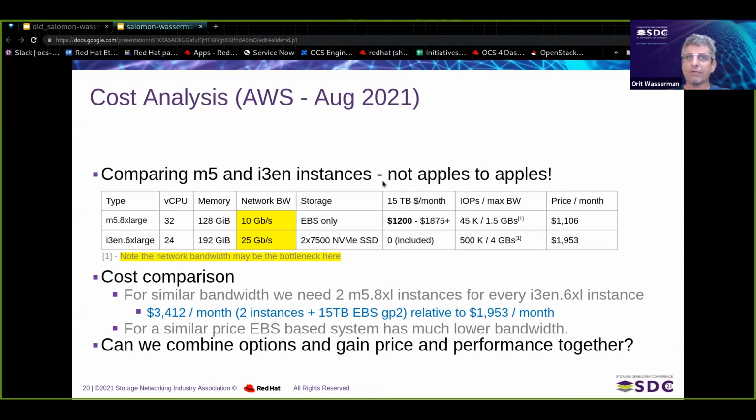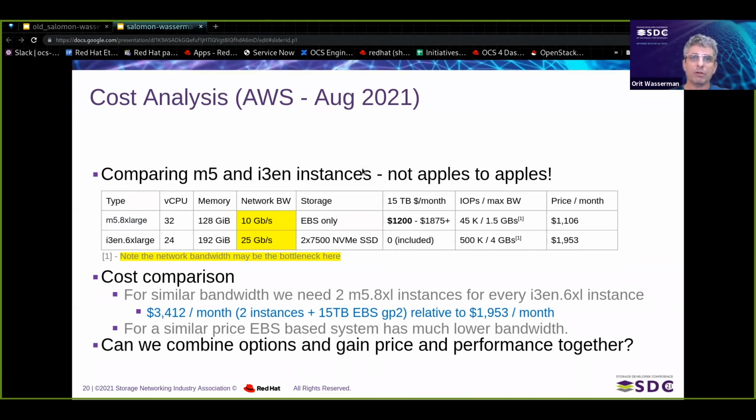This is not fully accurate since this leaves a lot of extra CPU on the M5 instances, which can be used by workloads that do not require network, not a lot of access to EBS. But if we look just at the storage perspective, we see that the cost of M5 instances plus EBS is almost twice the cost for local storage with the same capacity. Moreover, the local storage provides much better performance, both from latency and bandwidth perspectives.